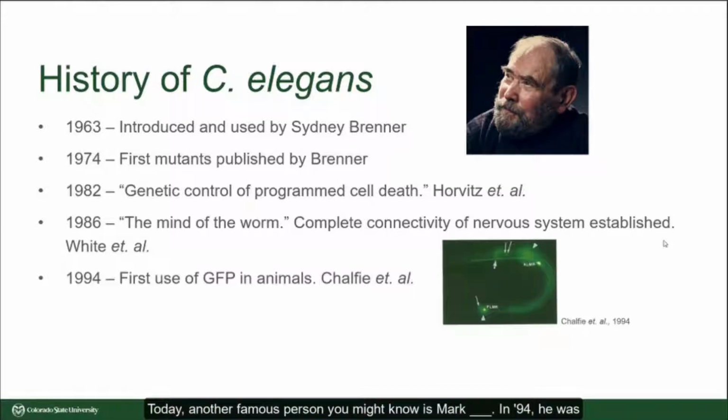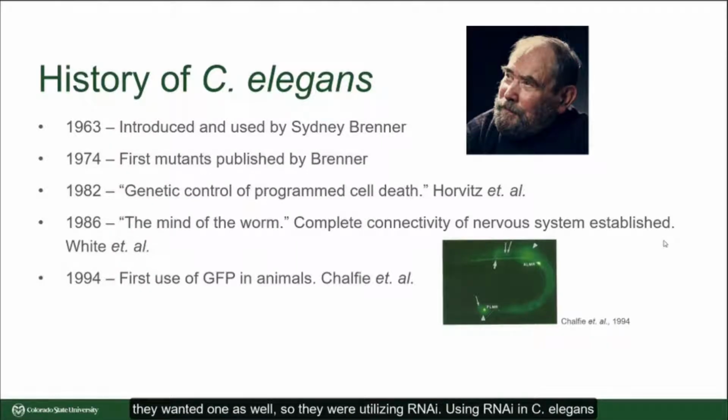Another famous person you might know is Martin Chalfie. In '94, he was the first one to use GFP, and C. elegans was the first animal to be used in it. Here in GFP, we have 2 different types of mechanosensory neurons that we have labeled. But then Craig Mello and Andrew Fire got a little bit jealous of Martin Chalfie's Nobel Prize, so they wanted one as well.